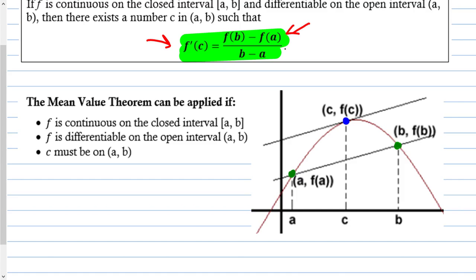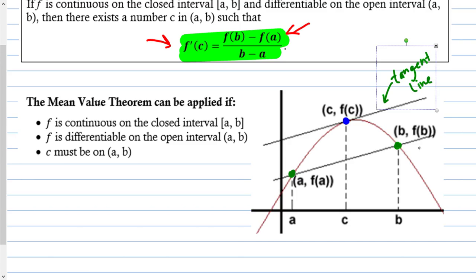Okay, I want to point out this is the tangent line, right? The one that you're always writing equations for. It's a line that's tangent to the curve, so it's basically touching it at a certain point, and the slope of the tangent line is the same as the slope at that point. So this tangent line has the same slope as this blue dot does, right? At that instant right there.